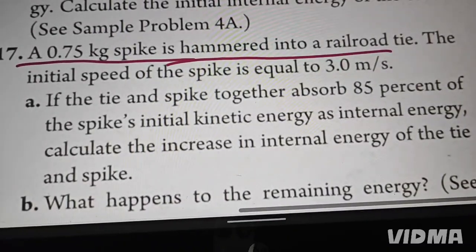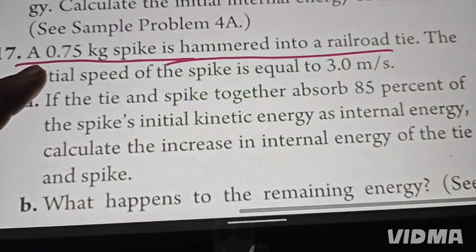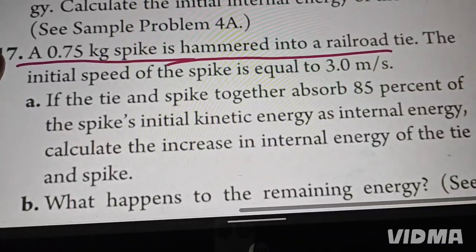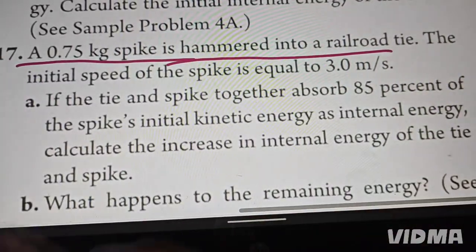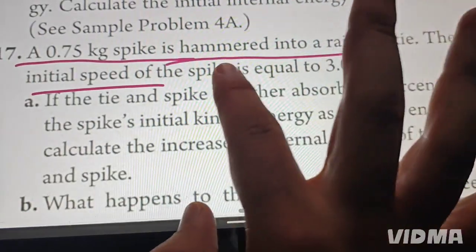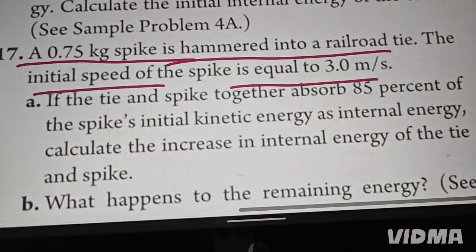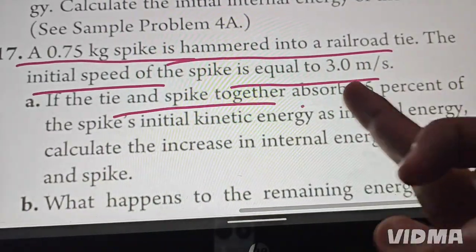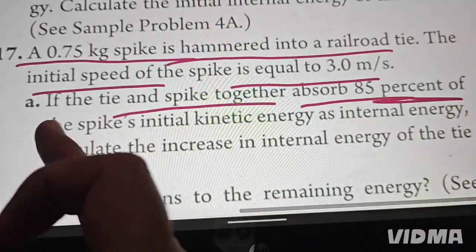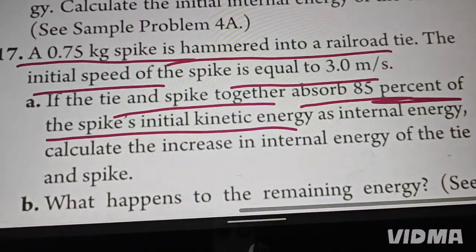This is the mass of the spike, mass equal to 0.75 kilogram, hammered into a railroad tie. The initial speed of the spike equal to speed v equal to 3 meters per second. If the tie and spike together absorb 85% of the spike's kinetic energy as internal energy.